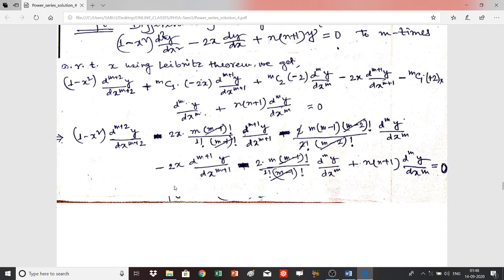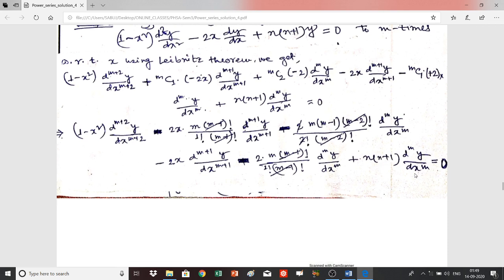After that, from this term it is 2x dm plus 1y dxm plus 1. It is as usual, and then this term can also be written as minus 2 into m minus 1 factorial by 1 factorial into m minus 1 factorial dmy dxm plus n into n plus 1 dmy, the last term here, nothing is changed here.